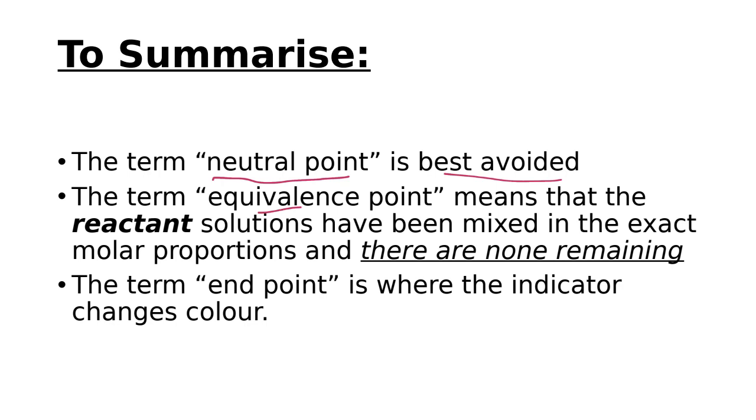The term equivalence point means that the reactant solutions have been mixed in a perfect proportion so that none of them are remaining, only products are remaining. And then the term endpoint, which you might recall from last year, is the point where, if we've added an acid-base indicator, that indicator changes color to indicate a significant change in pH has occurred.